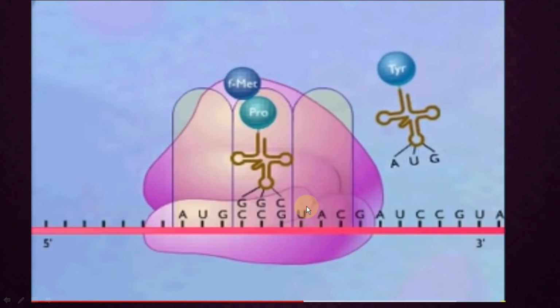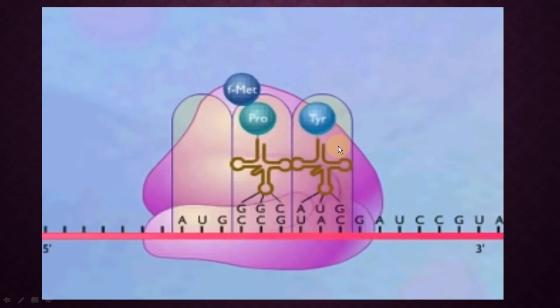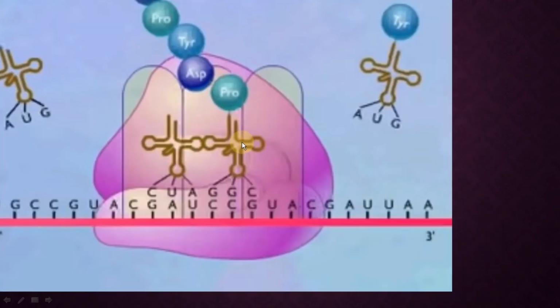Naturally, as soon as it reaches this third codon, the third tRNA with its anticodon comes and again gets attached to the A site. Again the same process occurs. After bonding is completed, this tRNA leaves its amino acid and gets released from this side. In this way, this process takes place continuously.